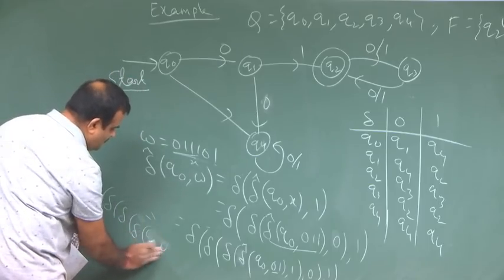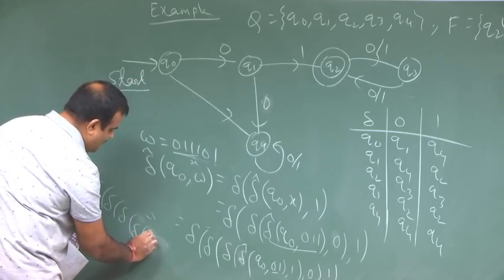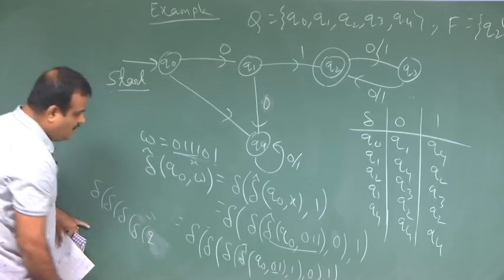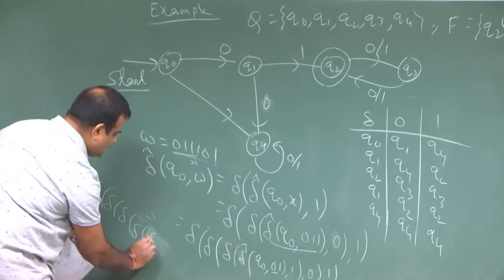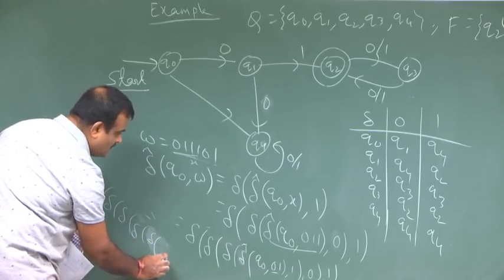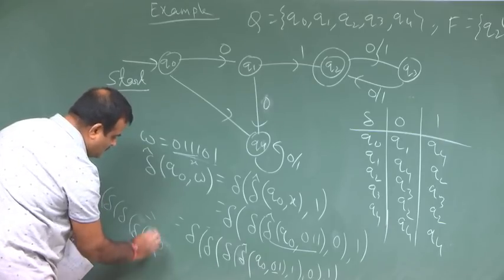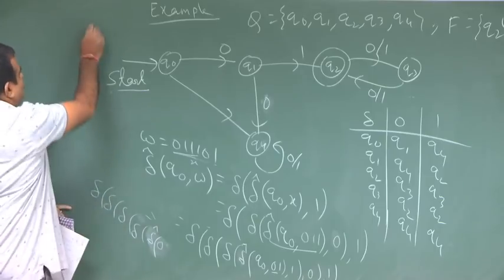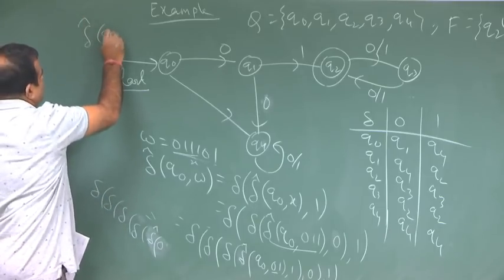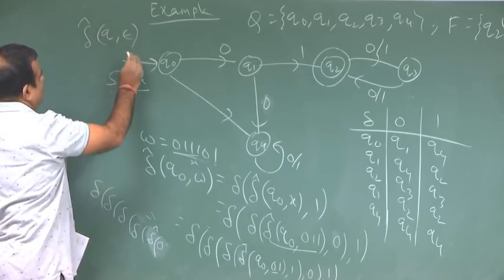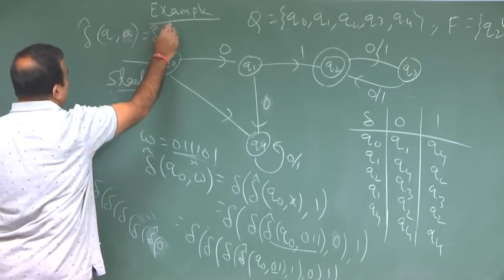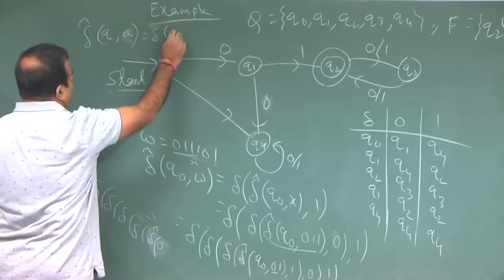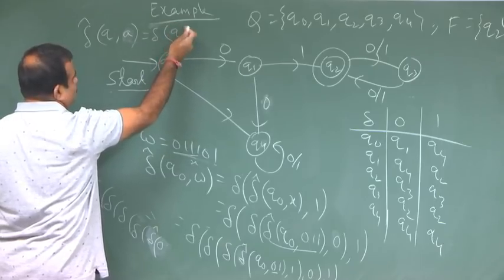Delta hat on one symbol is basically delta, so delta hat of q comma epsilon is q.